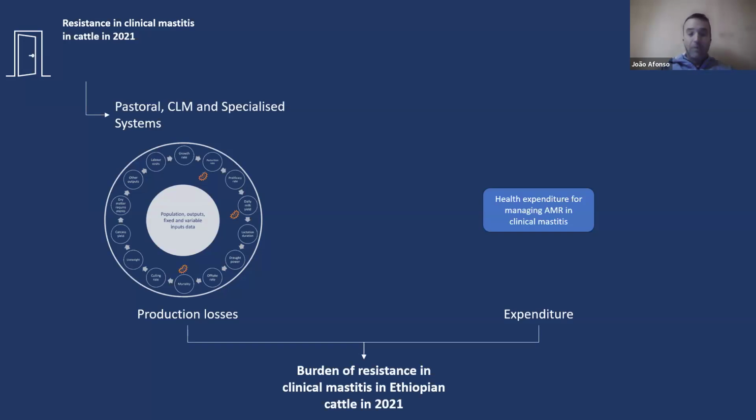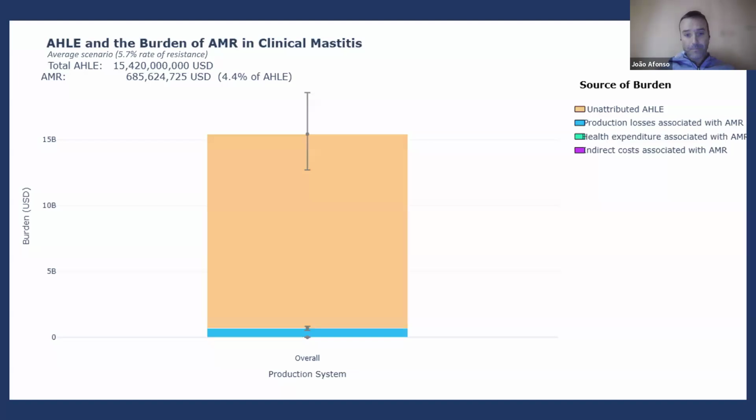And we used both of these to come up with a burden of resistance in clinical mastitis, as we also had some data available on the indirect costs, for example, antimicrobial resistance stewardship programs. We also considered this to be part of the burden of resistance in clinical mastitis in Ethiopia.